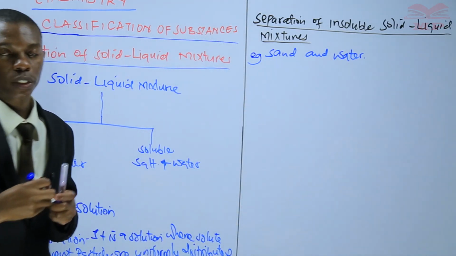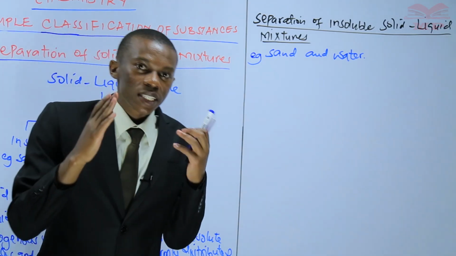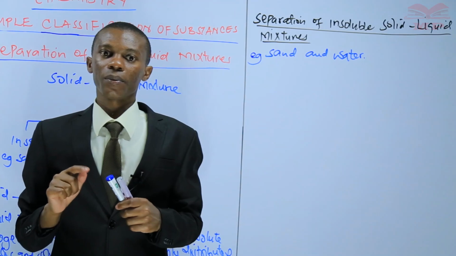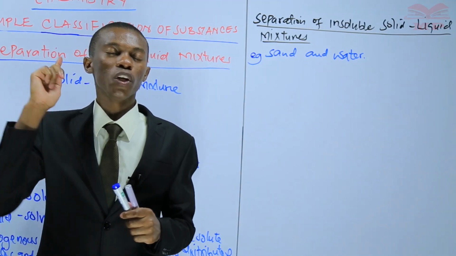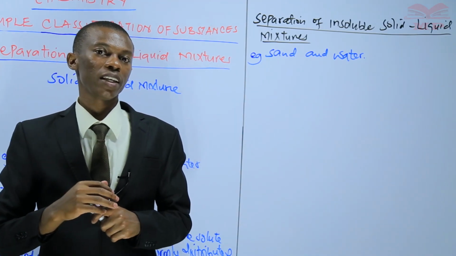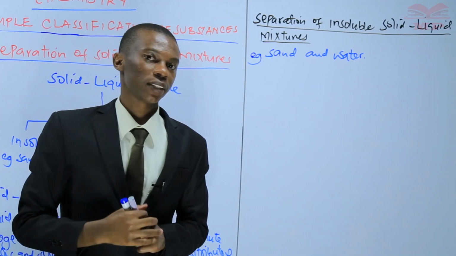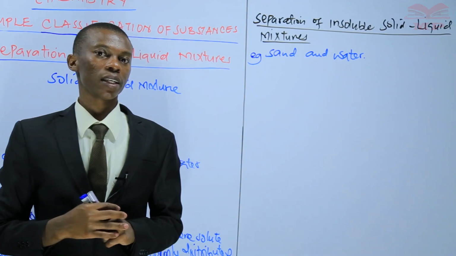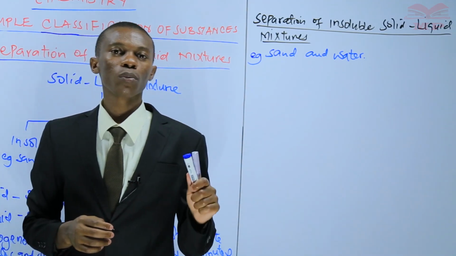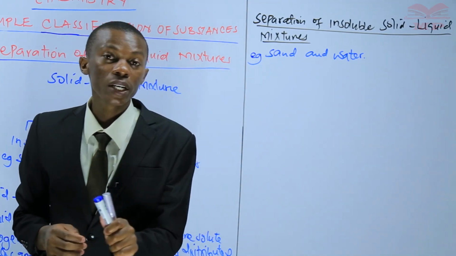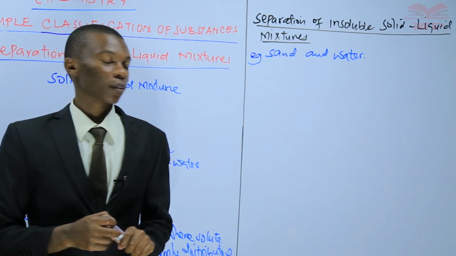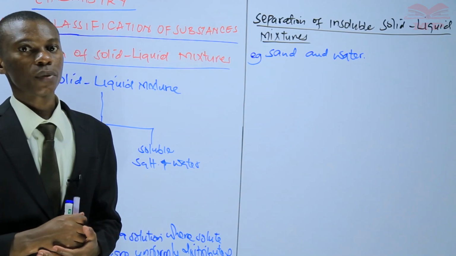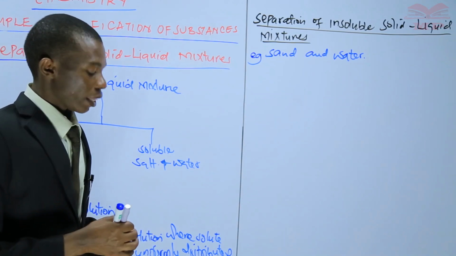When you put sand in water and stir, this sand will not dissolve in water even if you stir for a whole day. Therefore, a mixture of sand and water is an example of an insoluble solid-liquid mixture.